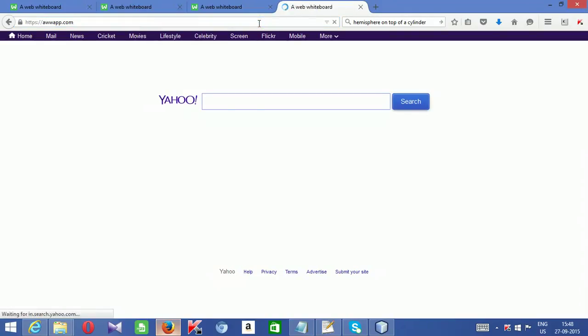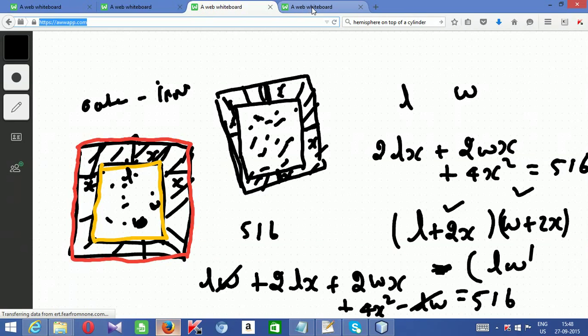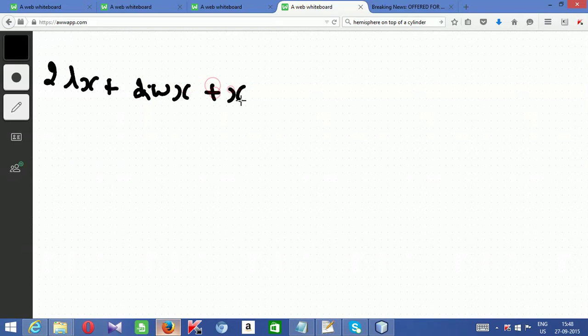Till this point you would have got 2LX plus 2WX plus 4x square is equal to 516. I think you are clear with this. 2LX plus 2WX plus x square is equal to 516, right?